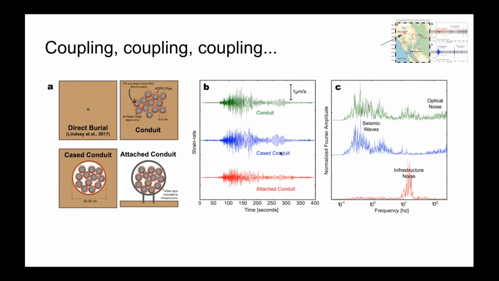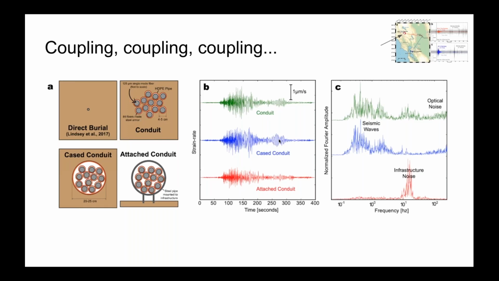And that's an interesting observation, given that basically what you're doing in the difference between the conduit here, the green trace, and the blue trace here is just adding an additional larger conduit to this cased conduit case. And you can see the amplification of the longer periods there.